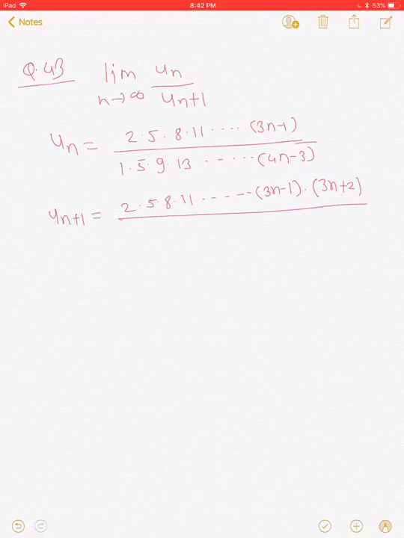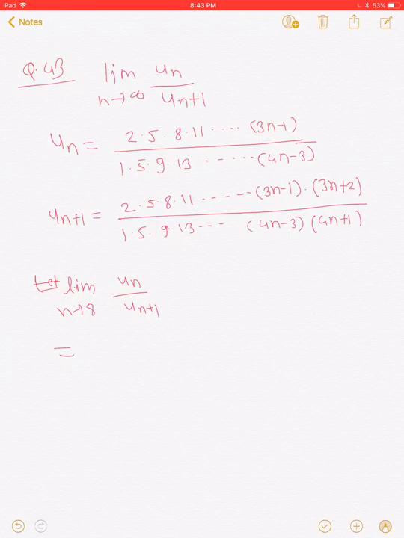And in denominator it becomes 1 into 5 into 9 into 13 ... 4n minus 3 into 4n plus 1. Just replace n by n plus 1. So let L be the limit n tending to infinity un upon un plus 1. So take the ratio and take its limit.